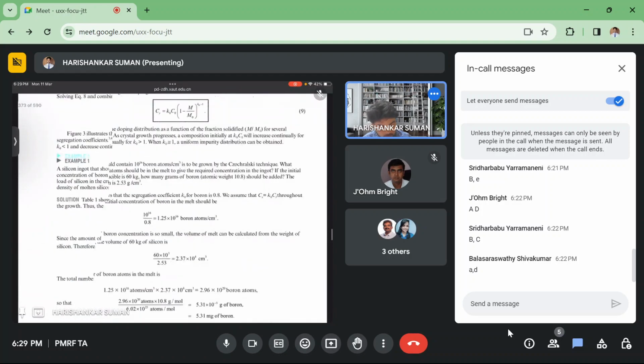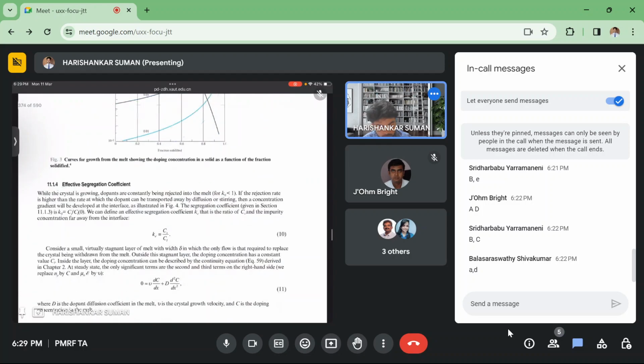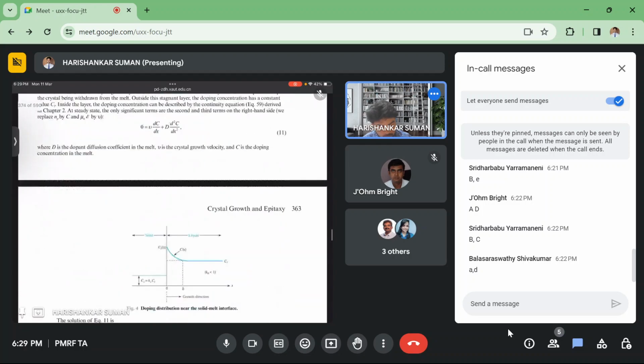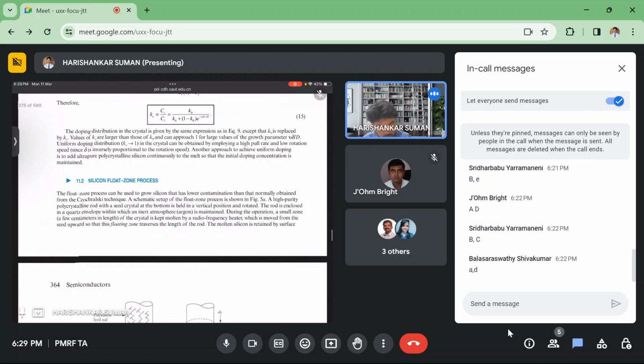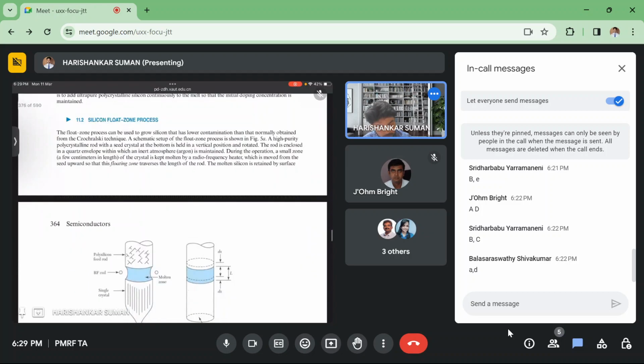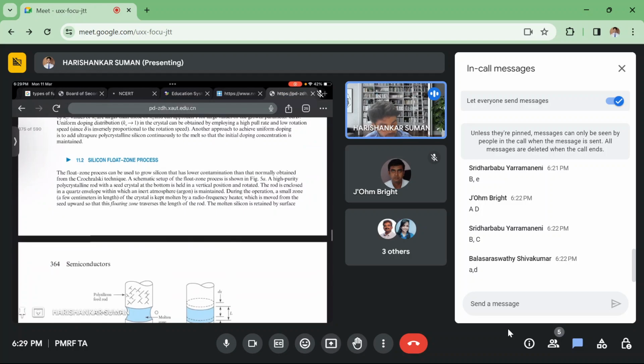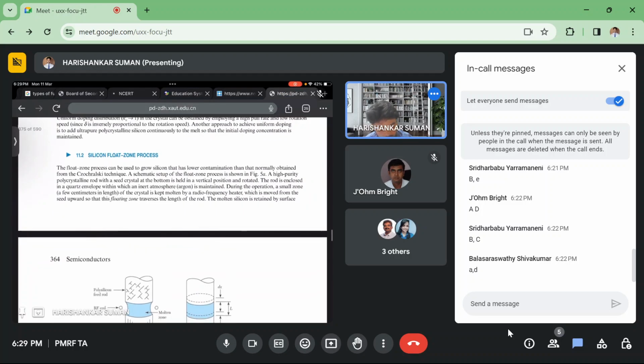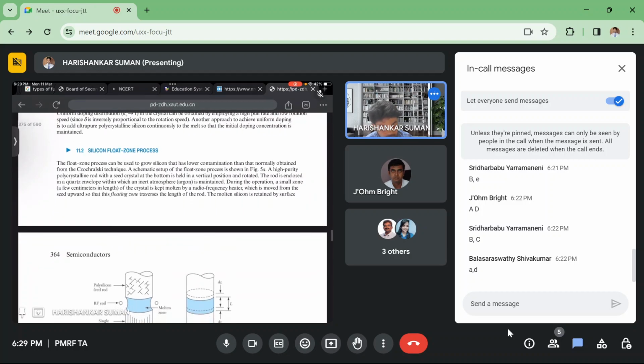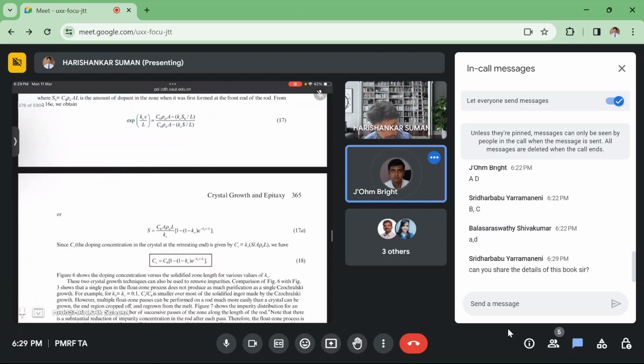There is a first, and a numerical is also there, and the float zone technique. There is a nice diagram about the process technique setup also. Please look and read this. Okay, sir. Thank you, sir.